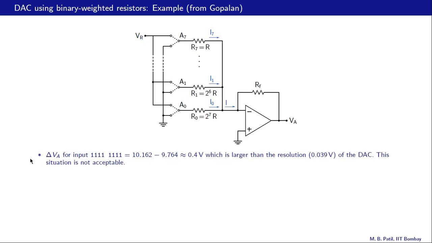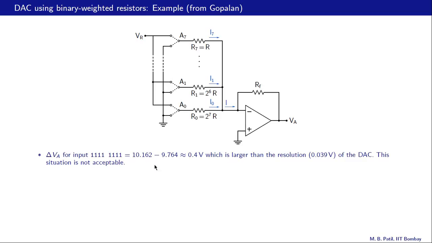So as we found in the last slide, for a fixed input combination such as 1111, 1111, the output voltage can vary substantially because our resistances are not perfect, they have a non-zero tolerance. And in the last example, we found that the maximum VA in magnitude was 10.162 and the minimum was 9.764.